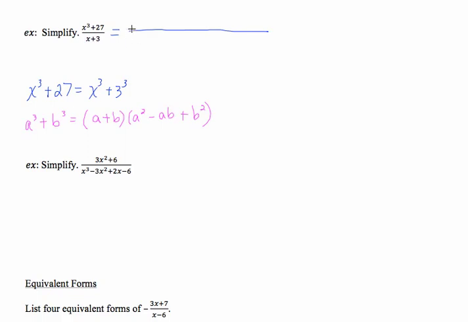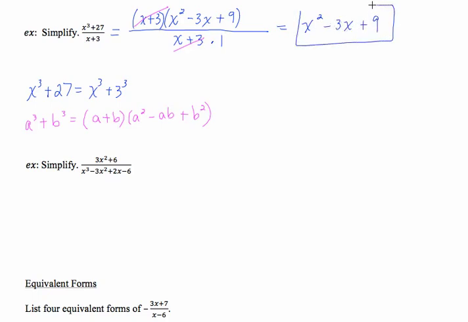In the numerator, a is x, b is 3, so we have (x plus 3) for a plus b, times a squared, so x squared, minus ab, so minus x times 3, I'll write that as 3x, plus b squared, so plus 3 squared, which is 9. And luckily we have two common factors, x plus 3 and x plus 3. And so what we're left with in the denominator is 1, so we can just write this as x squared minus 3x plus 9. So there it is, fully simplified.